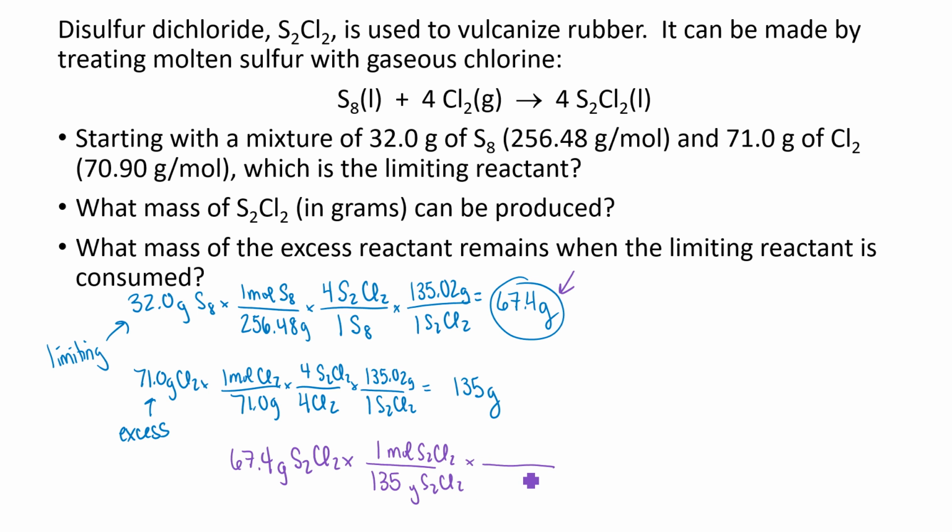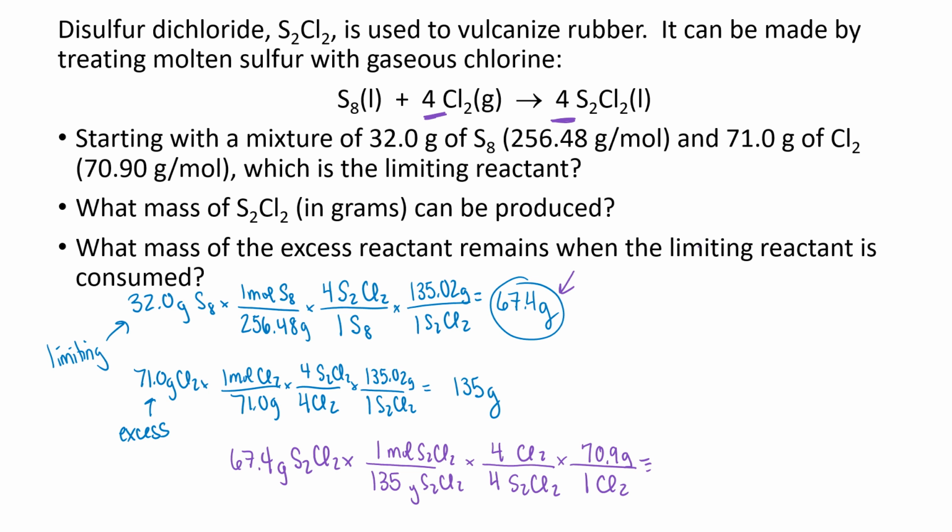And then I want to figure out how much Cl2 was used up. So I'm going to use this ratio that for every 4 S2Cl2s, we need 4 chlorines. And then I want to figure out how many grams of chlorine were used up. So for every 1 mole, chlorine weighs 70.9 grams here.